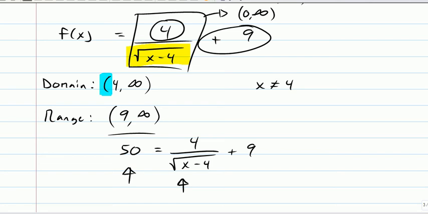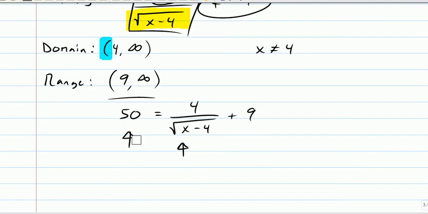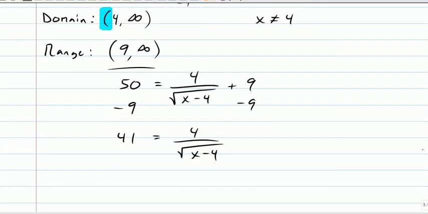Well, you could try to solve it. You'd take 9 away from both sides, and you'd have 41 equals 4 over square root x minus 4. We're getting closer. Then I'd get rid of the fraction, so I'd multiply both sides by square root x minus 4. So no more fractions. That's kind of nice.